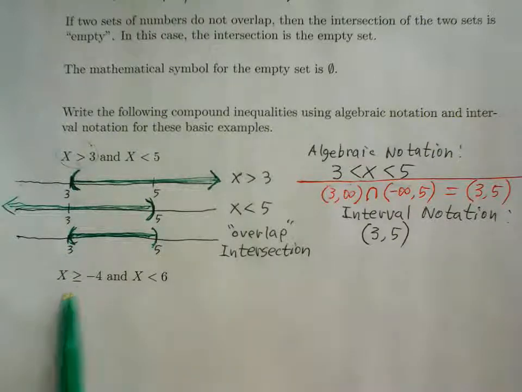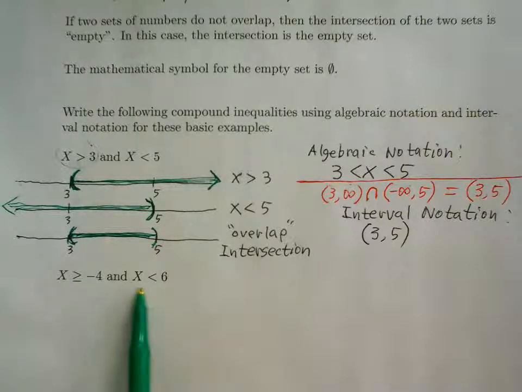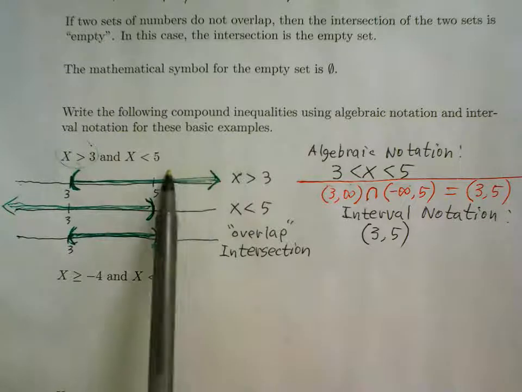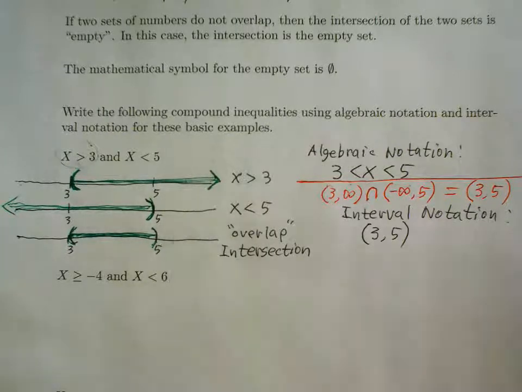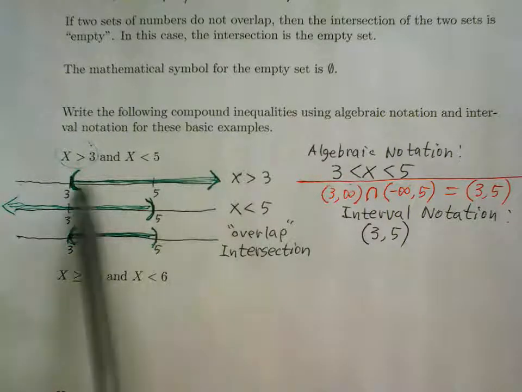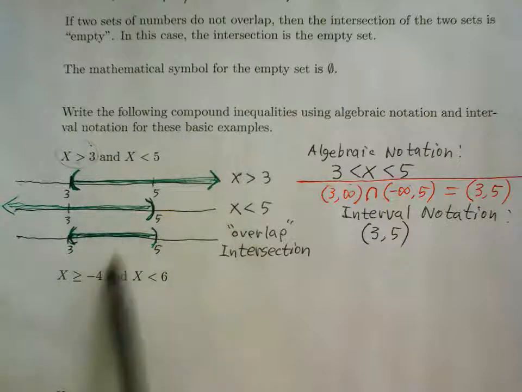So x has to be greater than or equal to -4, and x has to be less than 6. If it helps to graph each of the sets separately and then look for the overlap, that's a perfectly fine way to do it.